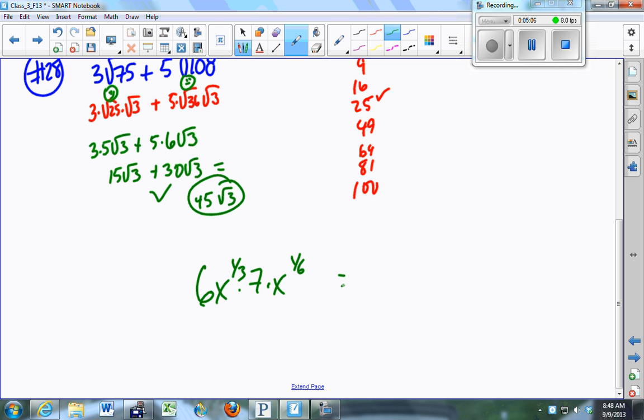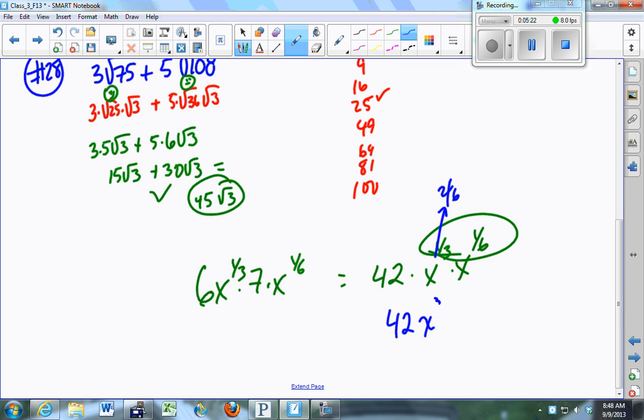You multiply your numbers, and then you have your exponent properties, and it doesn't matter that we have fractions here. You put them together just like you always do by adding, but in order to do this, you have to change this to 2/6. So 2/6 and 1/6 makes 3/6, which is the same thing as 1/2. Okay, so that's all you do there.